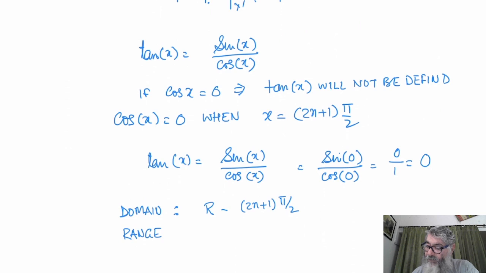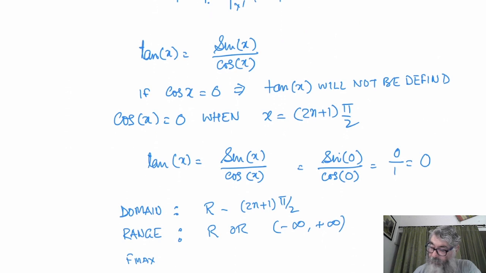So range is the set of real numbers, or we can say minus infinity to plus infinity. Okay. Now after that, what is f max? Nothing. Does not exist. F min does not exist.